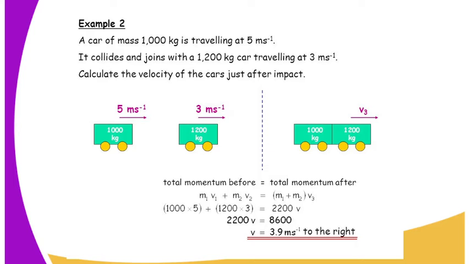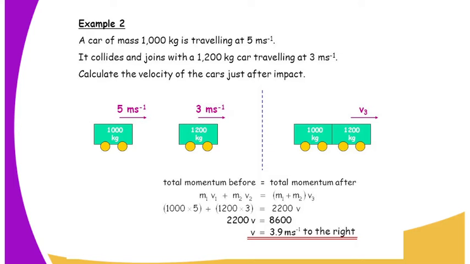Why is the total momentum after collision the sum of the masses of the cars times the velocity? It is because after collision the cars become one body. Therefore we assume that their mass is the total mass of the two cars.